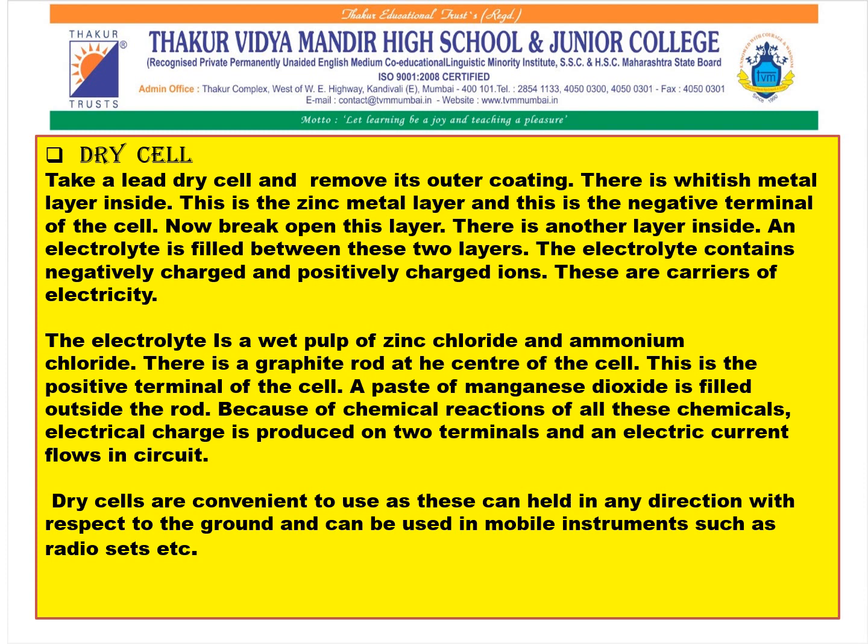Now why are these dry cells convenient to use? Because they can be held in any direction with respect to the ground and can be used in mobile instruments such as radio sets, etc.